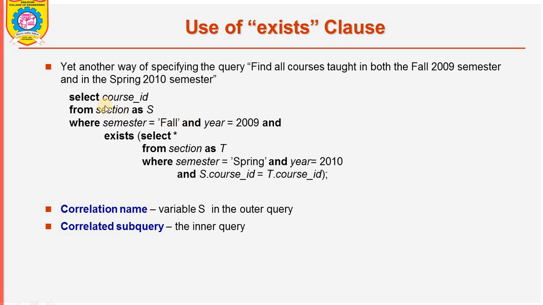Let us consider here, the outer query will be evaluated 2 times and the inner query will be evaluated 1 time for a particular value. That is, if there are 5 values, then the outer query will be evaluated 10 times and the inner query will be evaluated 5 times.